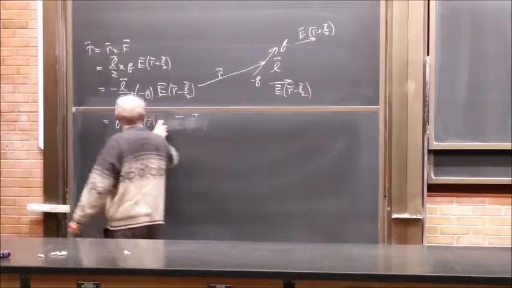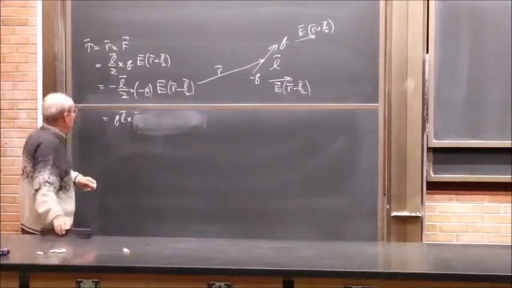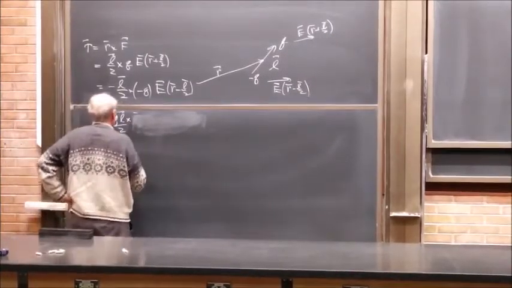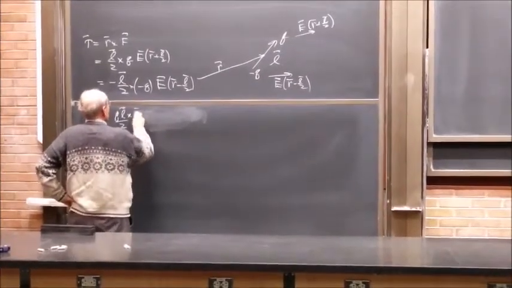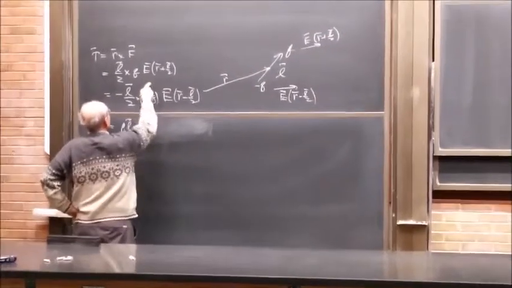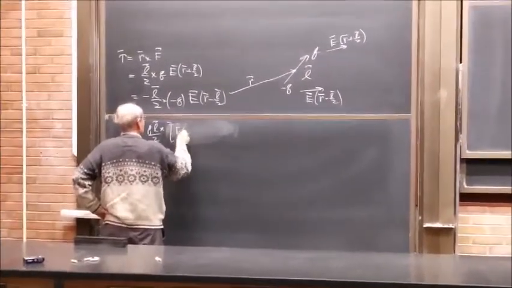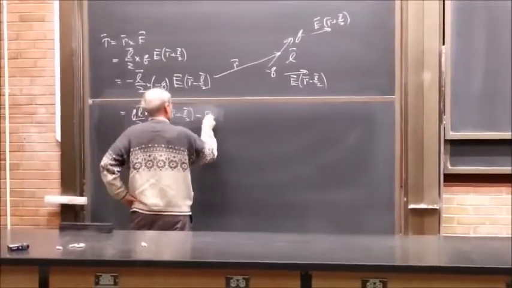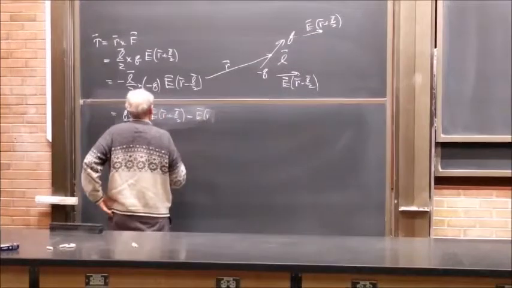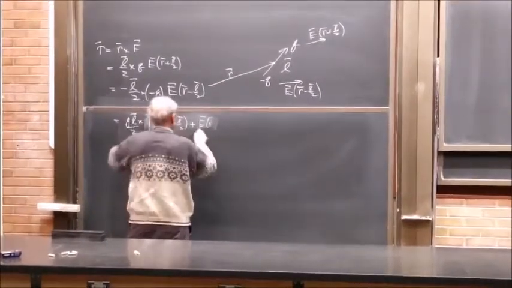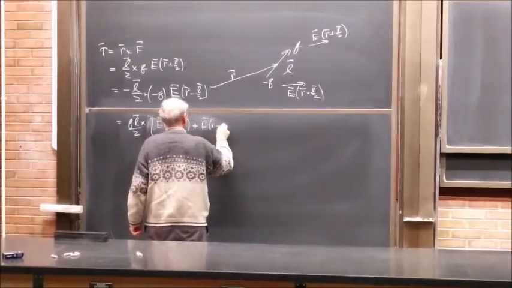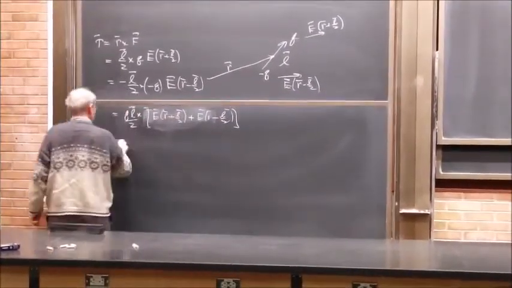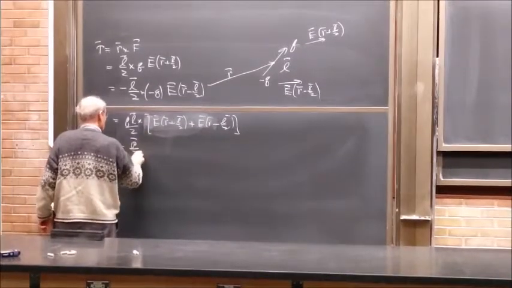This should be, each of these becomes QL over 2 crossed into, first this one, E of R plus L over 2, and then minus E, plus, because the two signs there, minus L over 2. But we know what this is. This is P over 2.